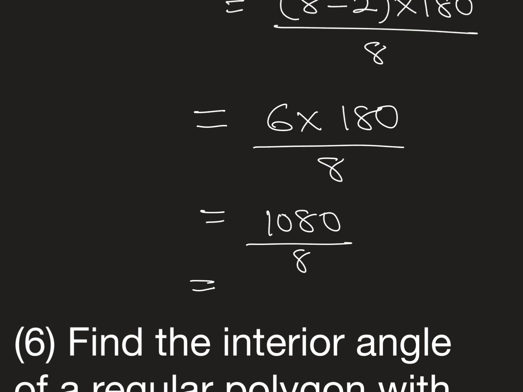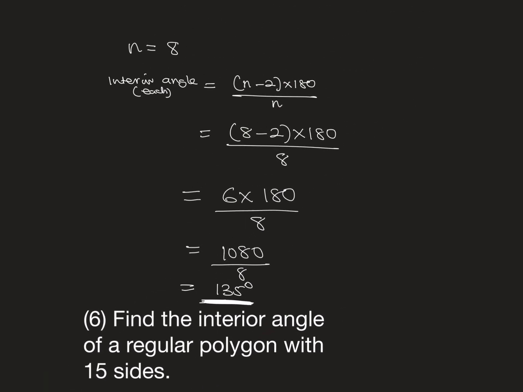So 1080 divided by 8 is 135 degrees. So each interior angle or just interior angle of this polygon is going to be 135 degrees.